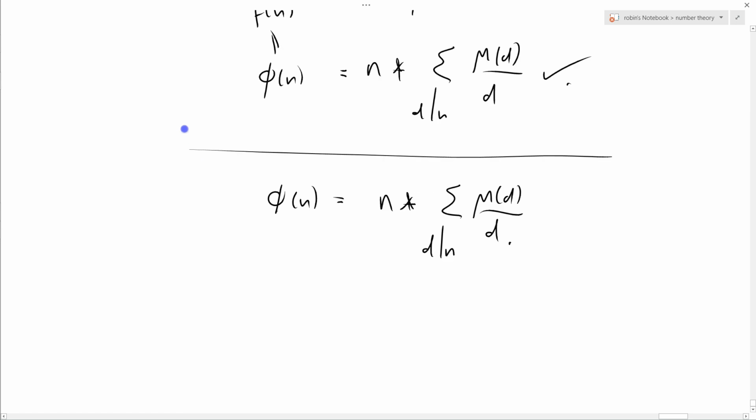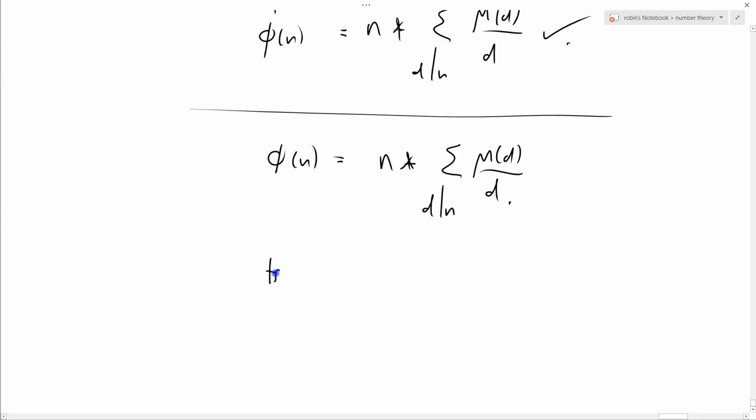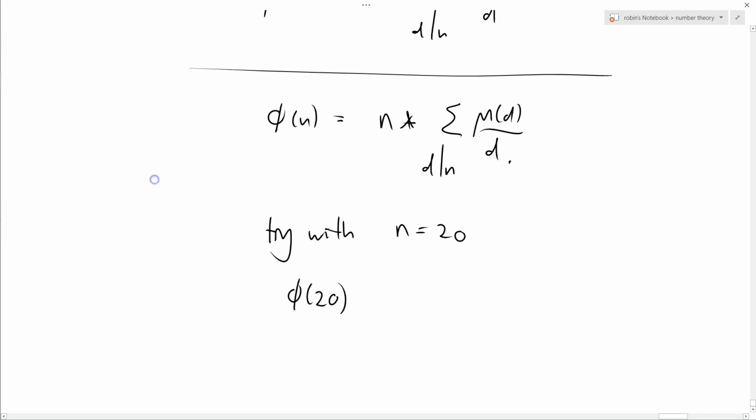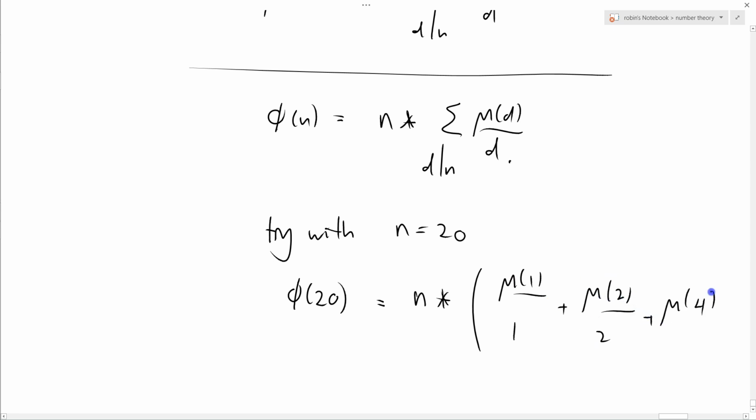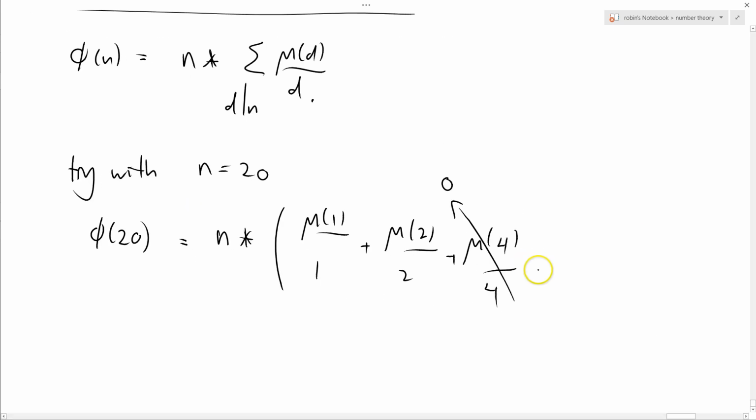Let's just try this with n equals 20. So phi of 20, and we know what that is. Let's just check. N times, well, it's going to be mu of 1 over 1 plus mu of 2 over 2 plus mu of 4 over 4. Don't need that, because mu of 4 is equal to 0. 5 goes into it, doesn't it?